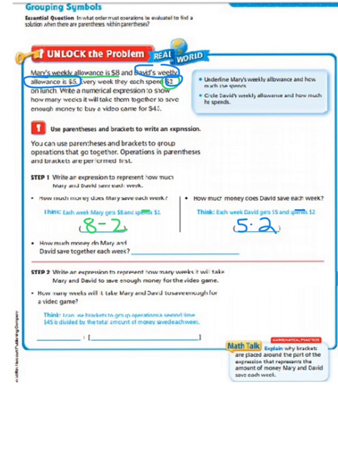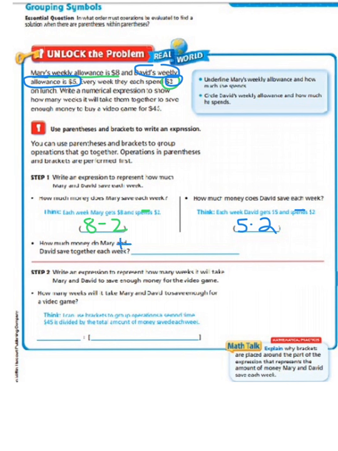All right, so far we have Mary with the $8 that she gets, $2 she spends, and David with the $5 that he gets and $2 he spends. So now it says, how much money do Mary and David save together each week? We know that key word "and" means to add.